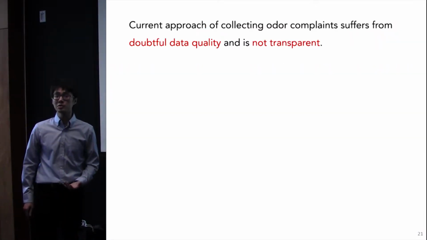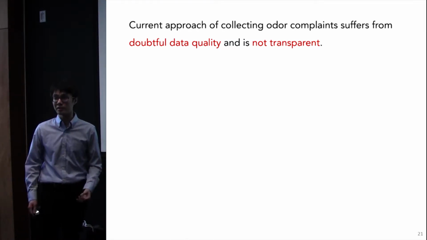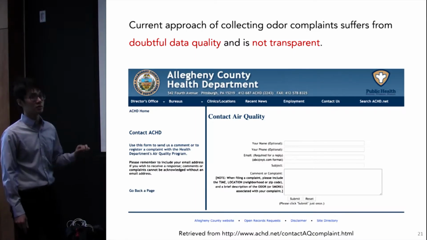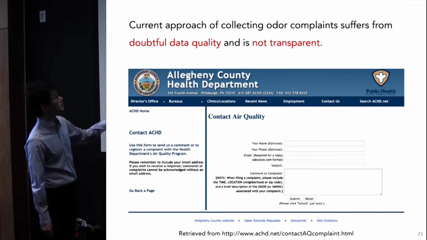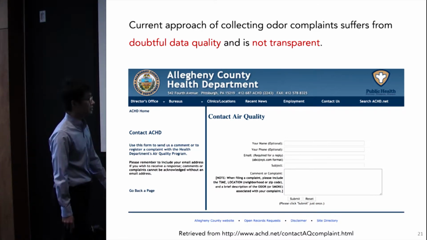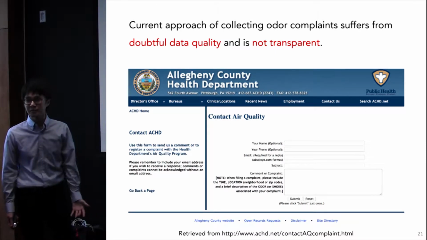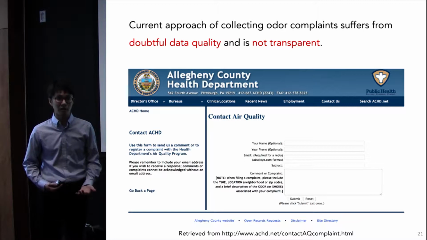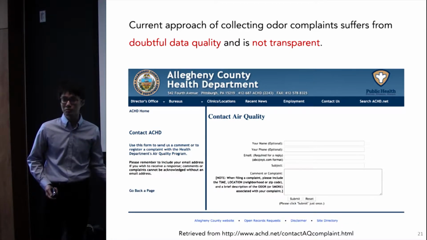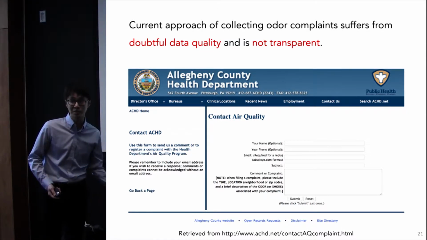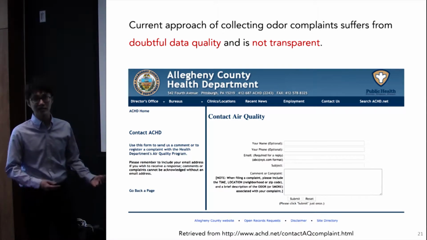Moreover, currently when people report smells to the government, it's not transparent and the data quality is doubtful. So this is the website for reporting smells right now. You can go to the health department's website and enter the information inside a text box. But the problem is that when people experience a smell, asking them to report retrospectively causes problems, because a lot of people may forget the exact time the smell event happened, or they will forget the exact location.